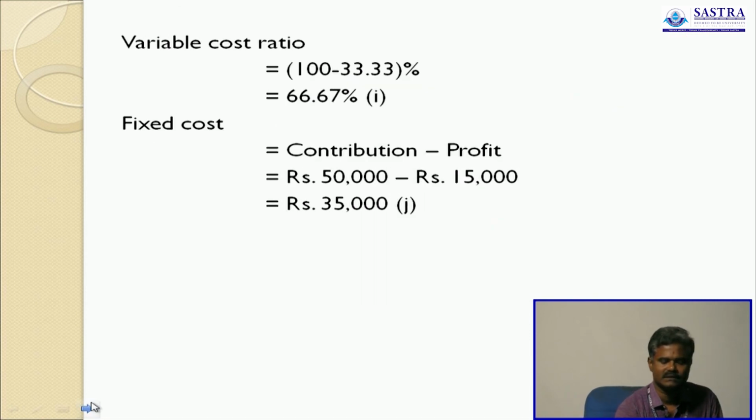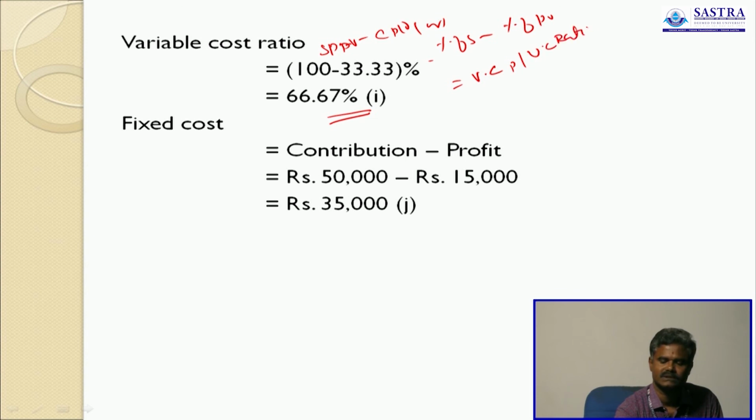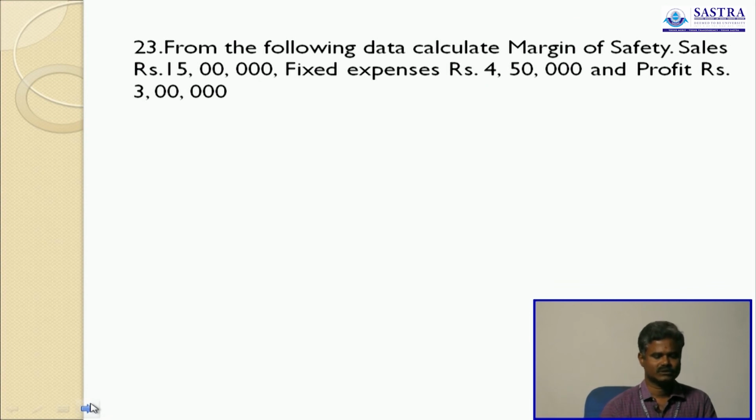Variable cost is selling price per unit minus contribution per unit, or in terms of percentage, 100 minus PV ratio, that is the variable cost ratio. Fixed cost is contribution minus profit, 35,000. So this is the answer for question 22.